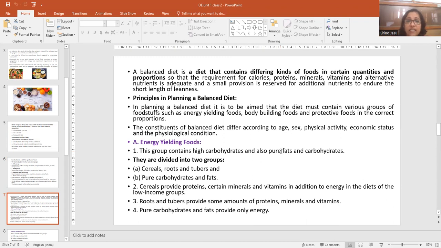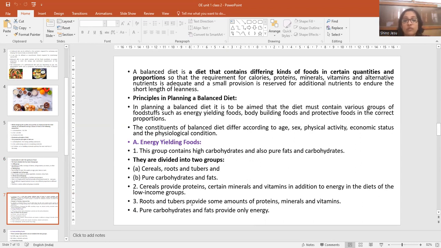So the energy-yielding foods are the foods that are high in energy, containing carbohydrates and also pure fats. They are divided into 2 groups: cereals, roots, and tubers, and pure carbohydrates and fats. The cereals provide protein, certain minerals and vitamins in addition to energy in the diets of the low income.